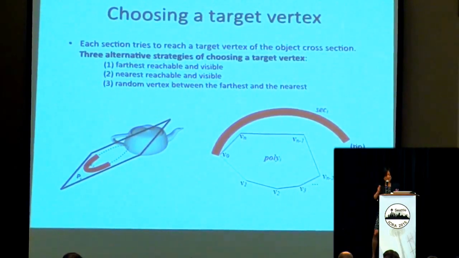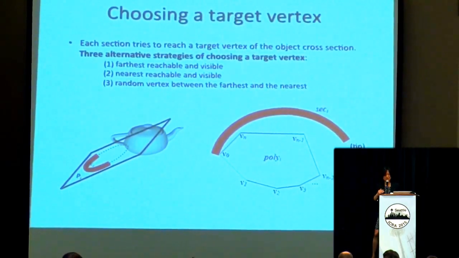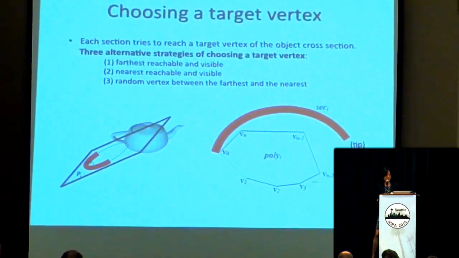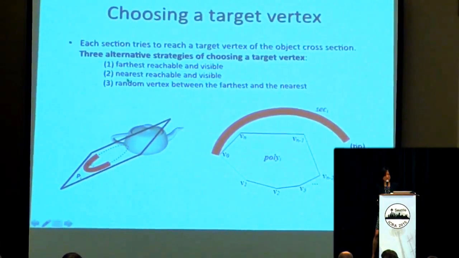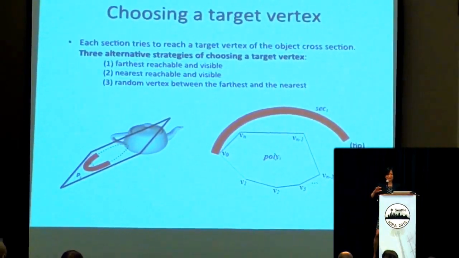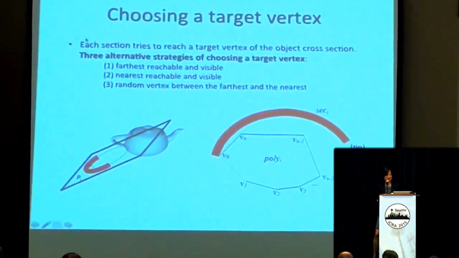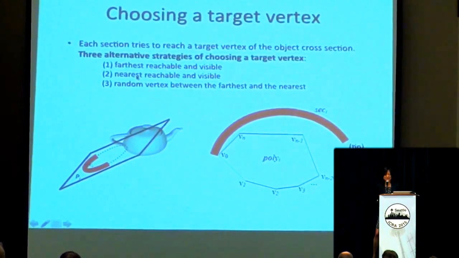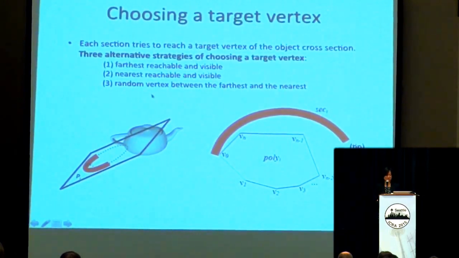For each arm section, we use different strategies to reach its target vertex, from the very greedy strategy of trying to reach the furthest reachable and visible vertex on the cross-section of this arm section of the object, to the much more conservative one, always trying to reach the nearest visible vertex, and some random vertex in the middle, in between.